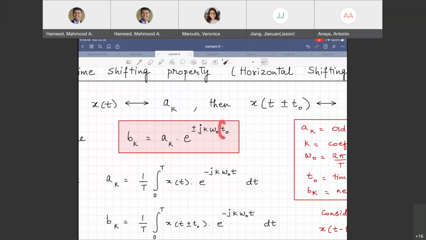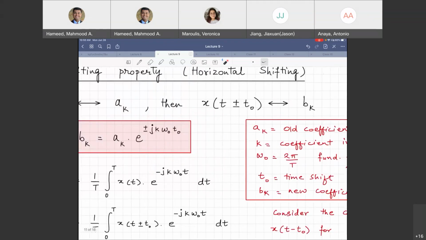T_0 is the amount of shift you did, delayed or advanced. So you know both of these depending on the signal and the given amount of shift. You just need to plug it in there. If a_k is already given, maybe it's the standard form, you already know that. You can just apply it over here to find b_k.